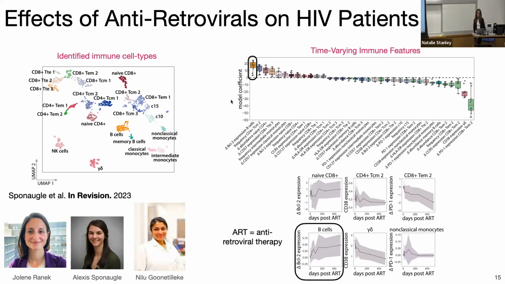By zooming in on important cell types, such as the change in BCL2 expression in B cells, this gives us a nice marker or indicator of a particular function in a particular cell type that changed after receiving this therapy. So you can use a model like this and the coefficients that come out to understand the important driving cell types and their functional responses after antiretroviral therapy.